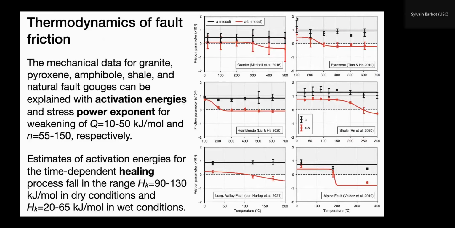So for the dry sample of granite, it is in the range of 90 to 130 kilojoule per mole. And all the others are actually in wet conditions, because there's significant pore fluid pressure. And that brings the activation energy in a smaller range of 20 to 65 kilojoule per mole. So let me revisit that. First, the power exponents are between 55 and 150.